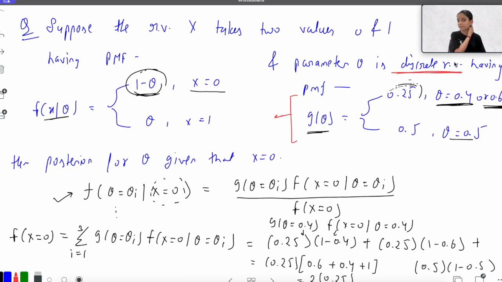Now when you are calculating Bayes theorem for random variables, it is not necessary that both random variables are discrete or both are continuous. It can happen that one of the random variables is discrete and the other is continuous. Maybe theta is discrete and x is continuous, or theta is continuous and x is discrete, or maybe both continuous, both discrete.